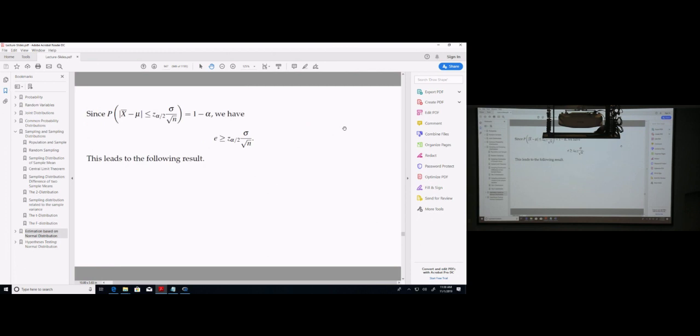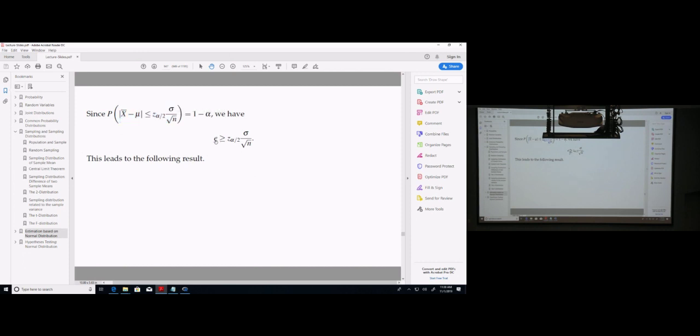Okay, so now we are comparing. If this is our margin of error, then this is the error that we are able to afford with probability 1 minus alpha.